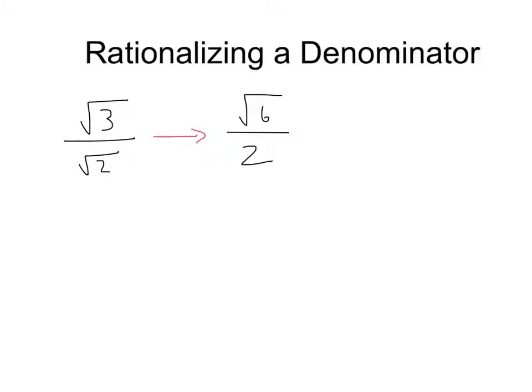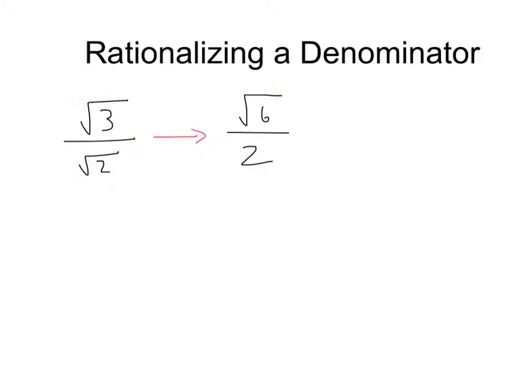These two fractions are equivalent. They have the same value, they just look different. They're in different forms, and rationalizing the denominator is what we would do to get this to be like this.